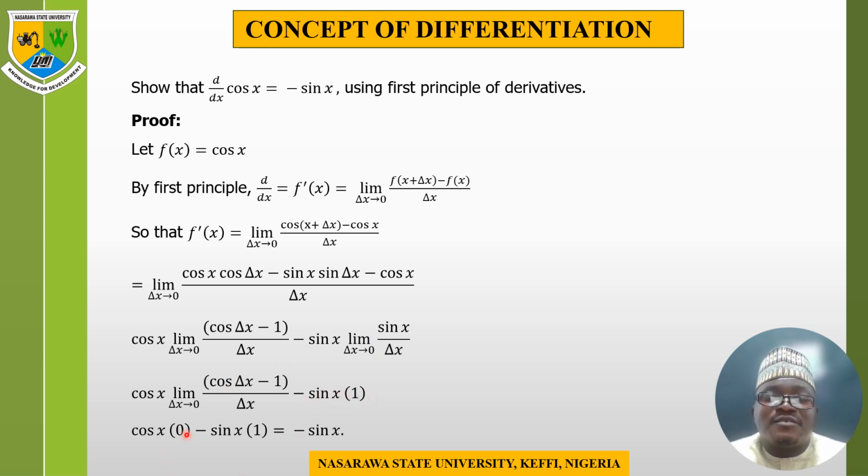Here is 0, and this multiplied by 0 is 0. We are left with minus sin x multiplied by 1, and 1 multiplied by sin x, we get back to this. That is what we are saying. It means that when you differentiate any cos x, you get back to minus sin x, according to the explanation here.